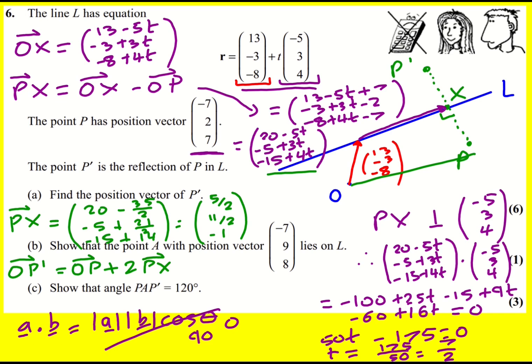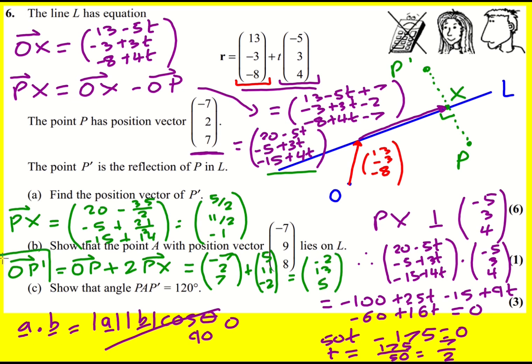That would also work. But this one seems a good shout. So I'm going to get 7, 2, minus 7 plus 2 lots of what I just found. So 5, 11, minus 2, giving me an answer of minus 2, 13, and 5. Nice.